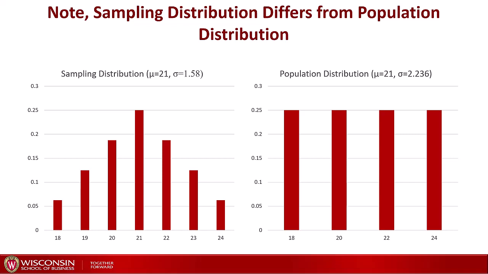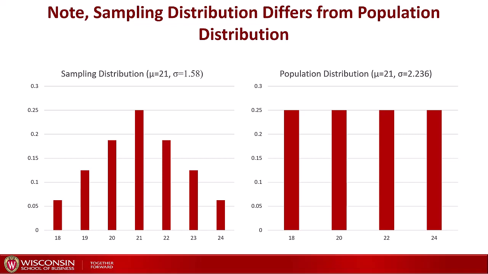While the mean is 21, it is actually impossible to draw a single person from this population that has an age of 21. Whereas for the sampling distribution of means, the most likely outcome was 21.